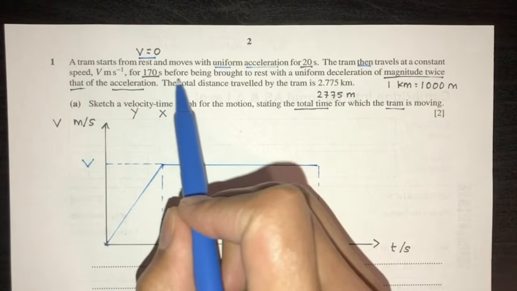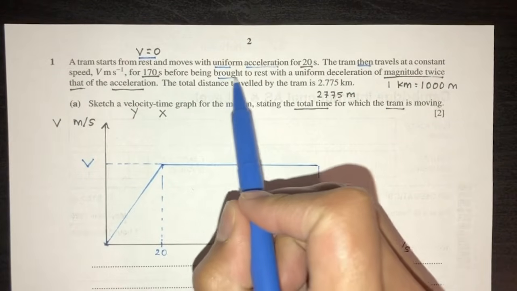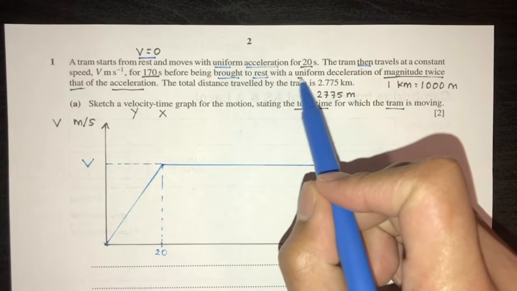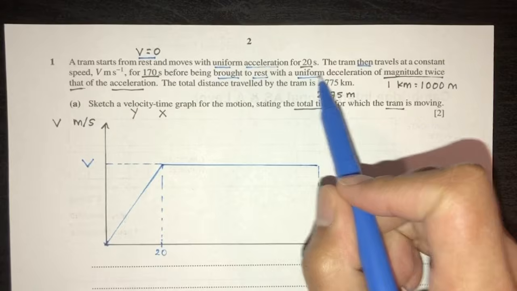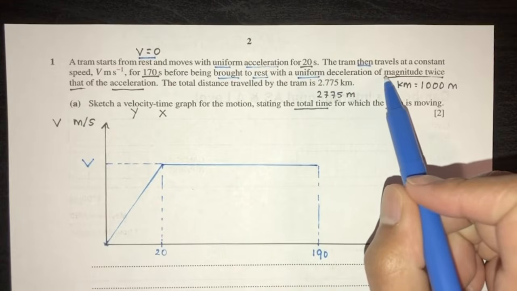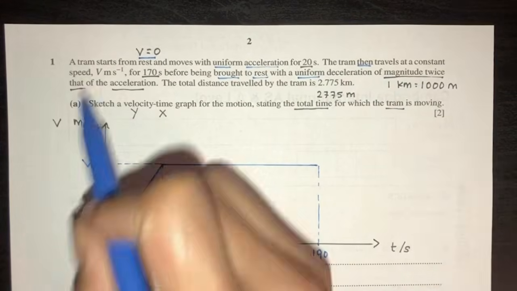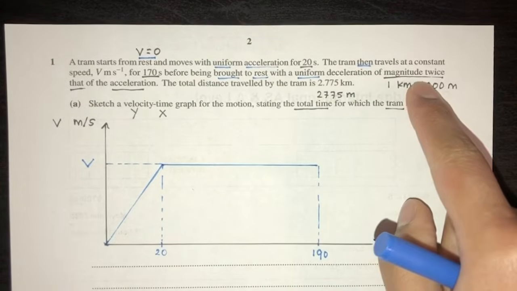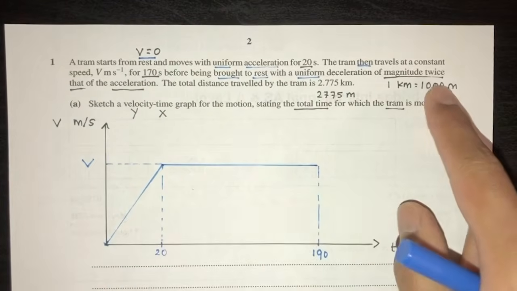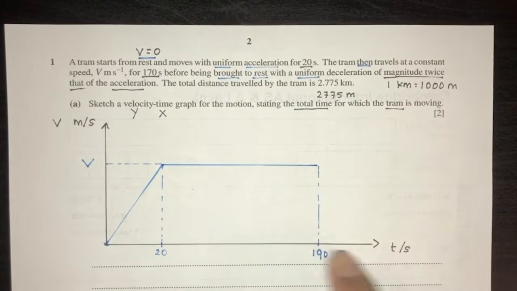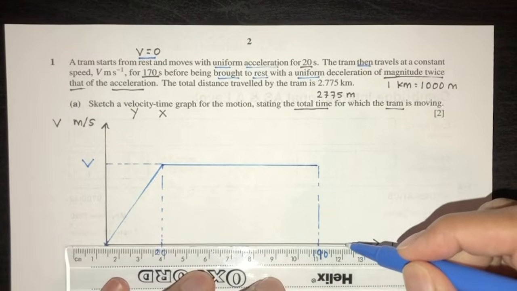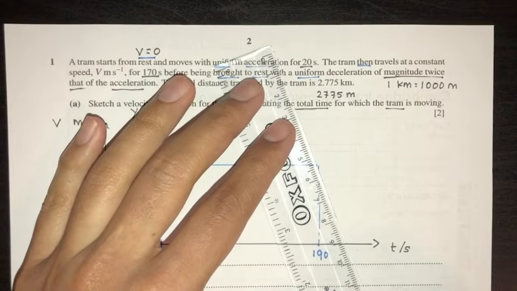Now part 3: before being brought to rest, meaning v equals 0, with a uniform deceleration, again uniform means straight line, of magnitude twice that of the acceleration. If your acceleration took 20 seconds, since the deceleration is twice the size, it will take half the time, that will be 10 seconds.